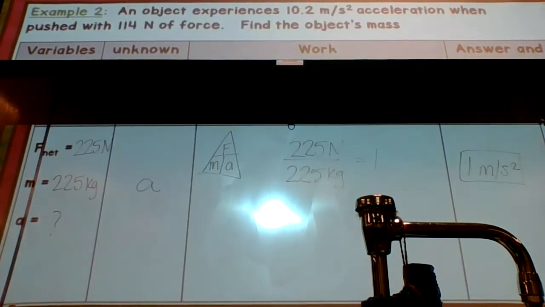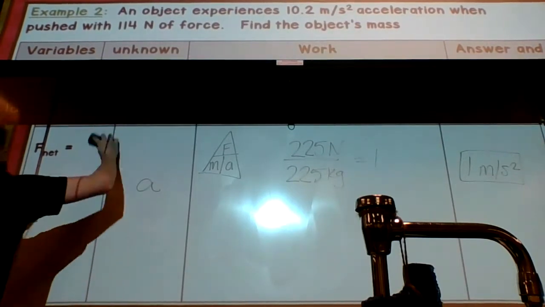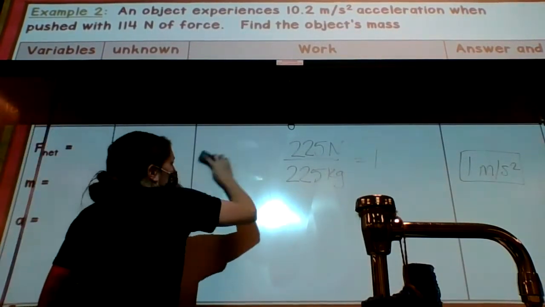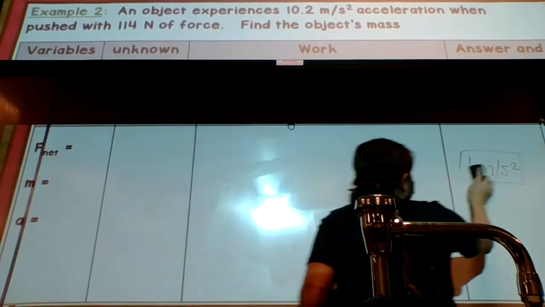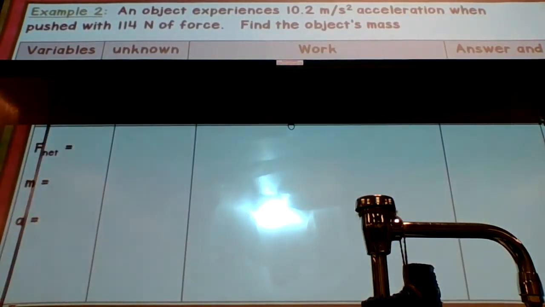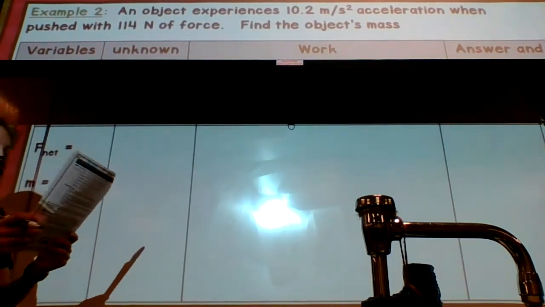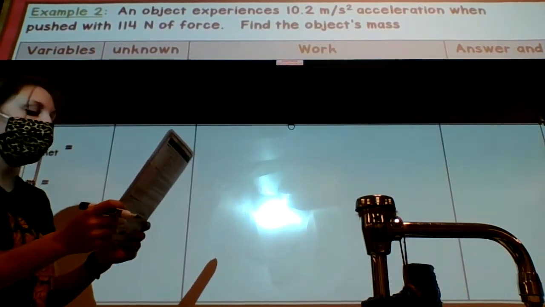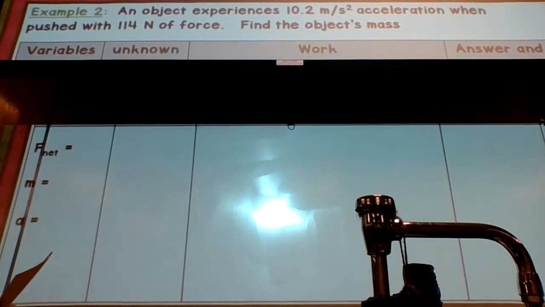Let's move on to the next one. An object experiences 10.2 meters per second squared acceleration when pushed with 114 newtons of force. Find the object's mass. What variable is 10.2?